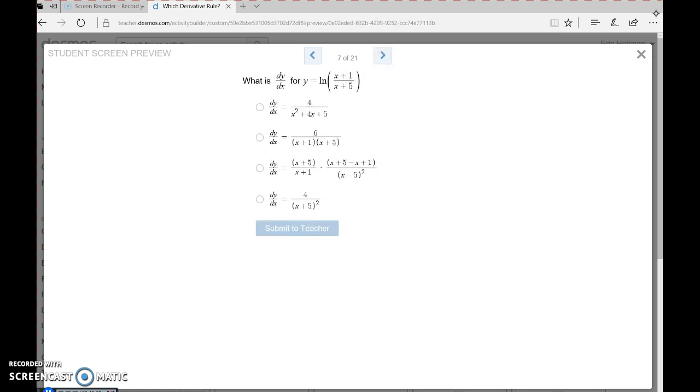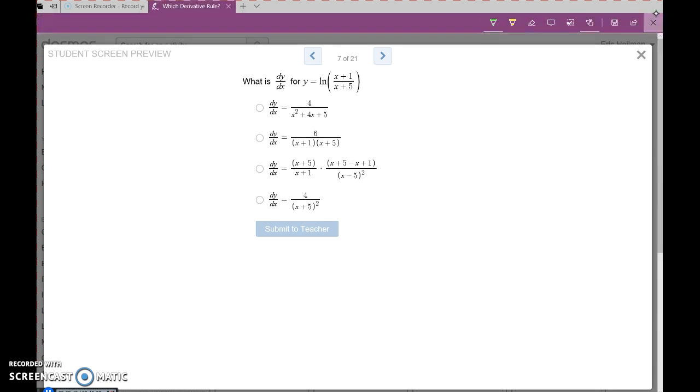Okay, so this is a log problem. The first question you want to ask yourself when you have a log problem is, can I use log properties to simplify this before I take the derivative? And the answer is yes, so I would rewrite this as natural log of x plus 1 minus natural log of x plus 5. That's just the quotient property for logs.